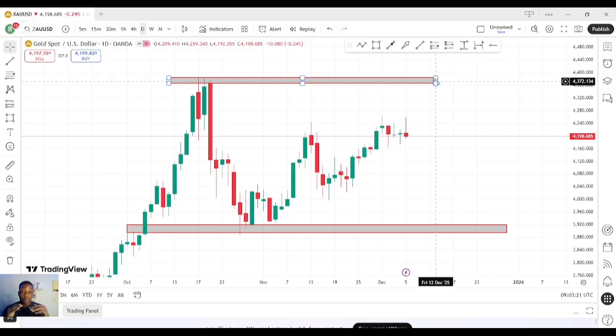The 4 hour support and resistance levels are the strongest when you do your top-down analysis from the weekly, daily, and 4 hour time frames. You mark your support and resistance levels, then on the 1 hour, 30 minutes, 15 minutes, or 5 minutes, you take your action. That's where you execute your trade.